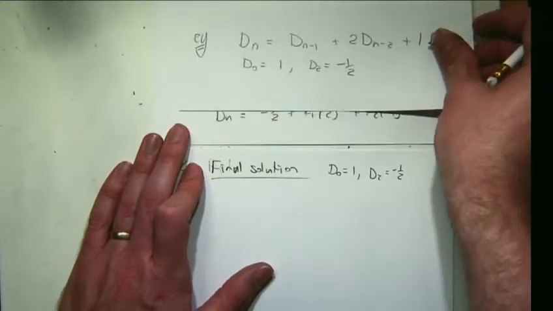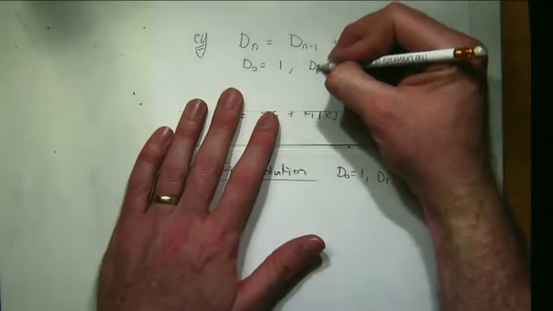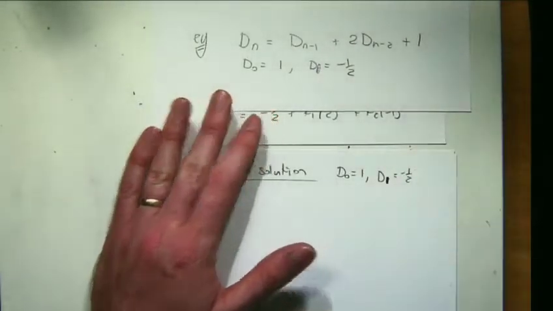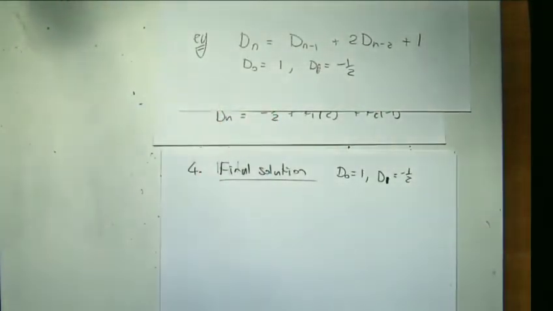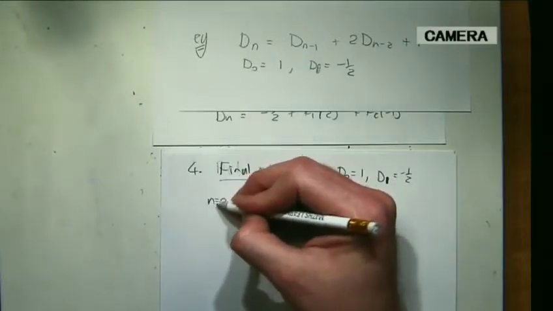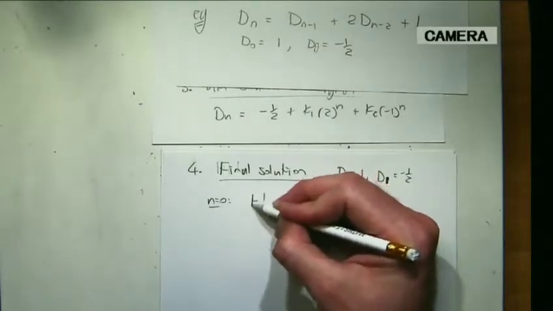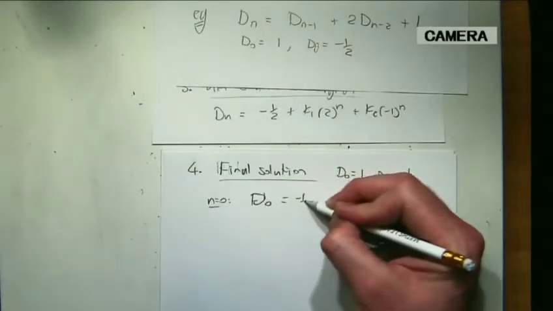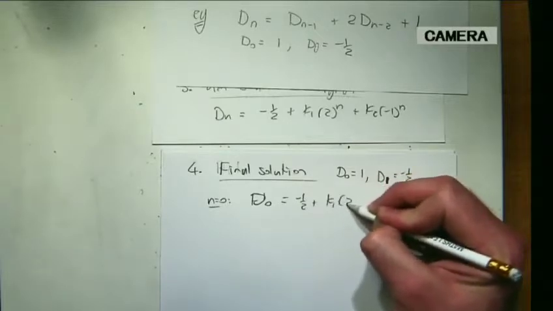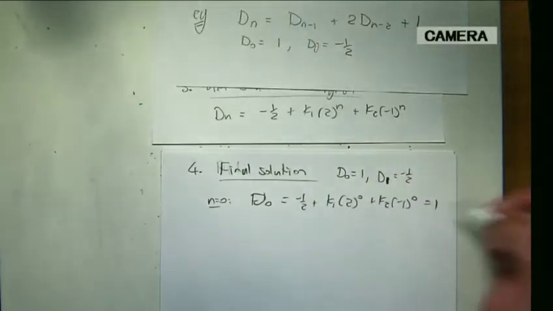So when, not D2, was it D2? Probably D1. Sorry, it was D1. So I'll sub them in. So that's saying that when n is 0, D should work out to be 1. So n equals 0 into this formula is, D0 is minus a half plus K1 times 2 to the 0 plus K2 times minus 1 to the 0, which is supposed to come out to 1.